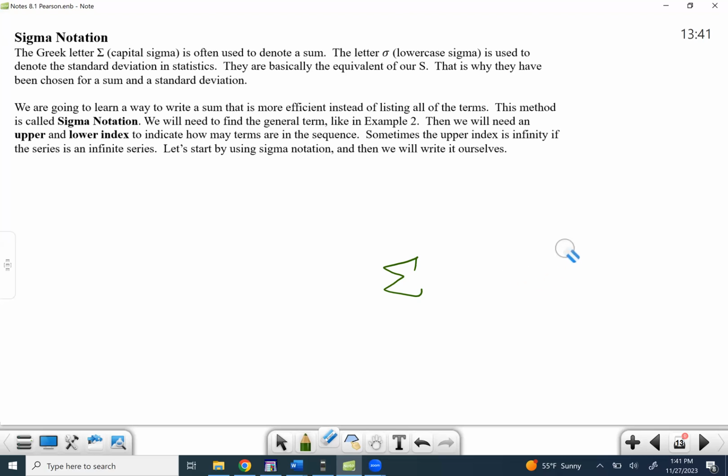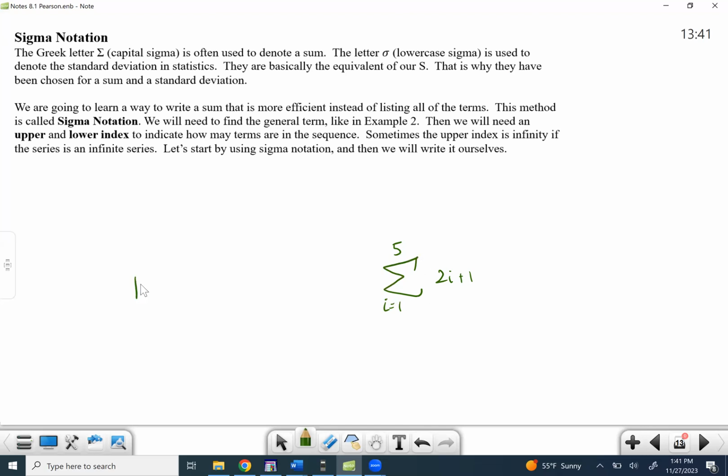Okay. So anyhow, we're going to have a sigma notation as a way of writing these series out instead of listing them all, because that gets cumbersome. So you could have a quick way of listing a series by putting down some lower index and an upper index, and then putting some sort of formula here. Okay, and then that's your way of saying plug in 1, plug in 2, plug in 3, plug in 4, plug in 5, stop. And the sigma tells you to add them all.